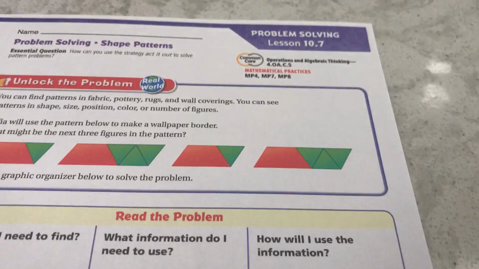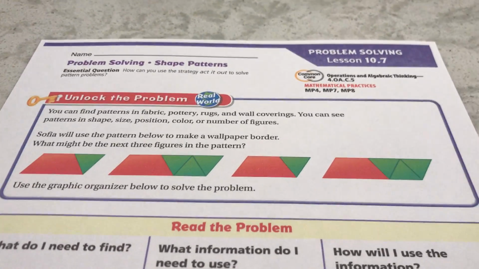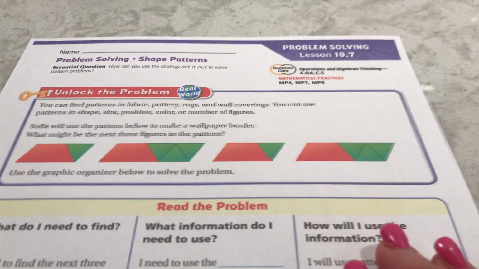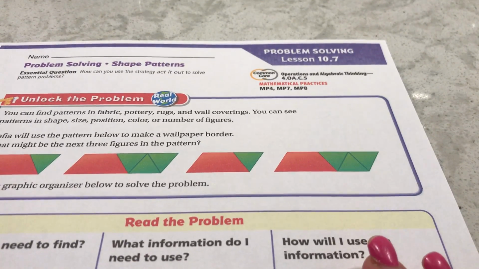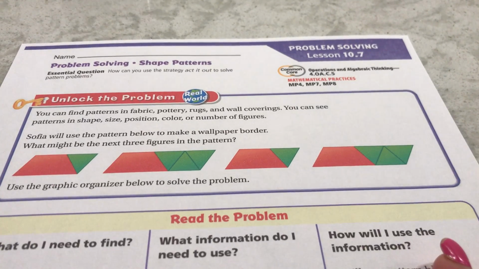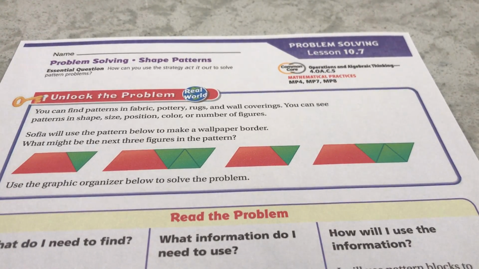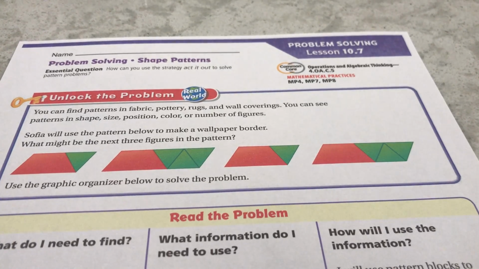Okay, but let's take a look at what they gave us in 10.7. Sophia will use the pattern below to make a wallpaper border. What might be the next 3 figures in the pattern? Use the graphic organizer below to solve the problem.